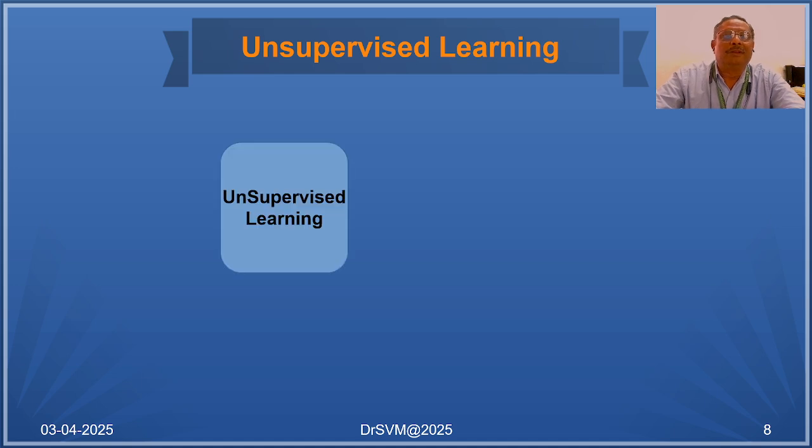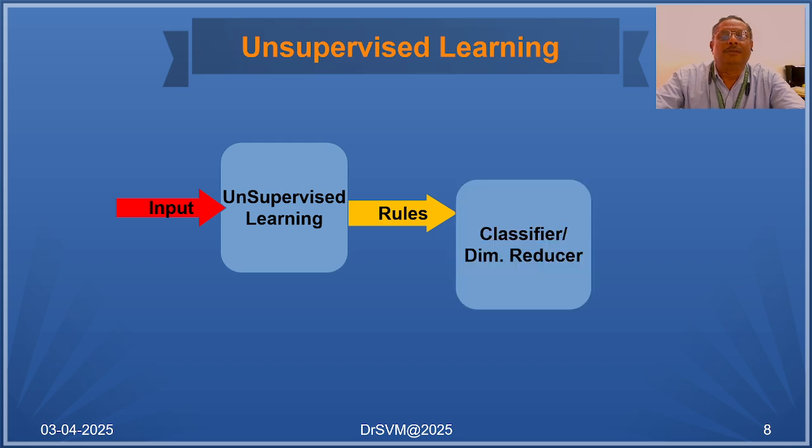In unsupervised learning, we have only input. And from the input, we just try to create the rules, looking at the input and trying to identify the features from this input. We just form the rules, and these rules are further used to classify or reduce the dimension.